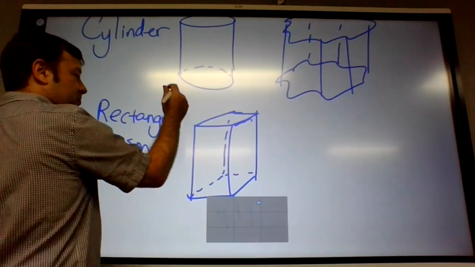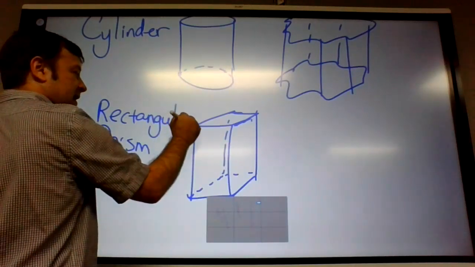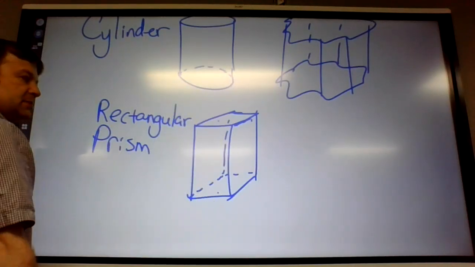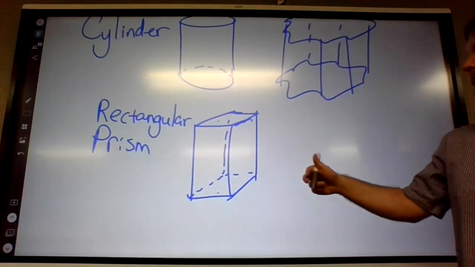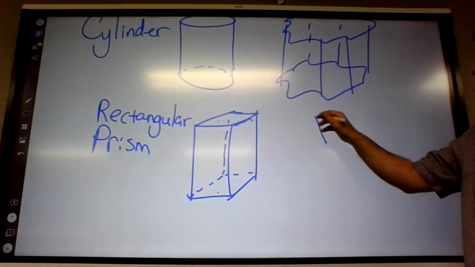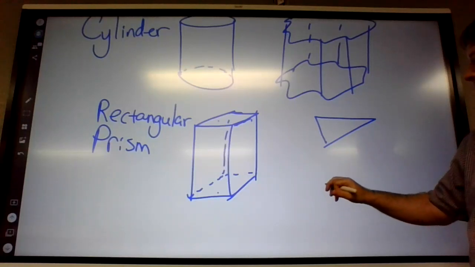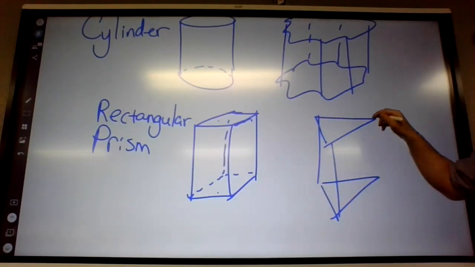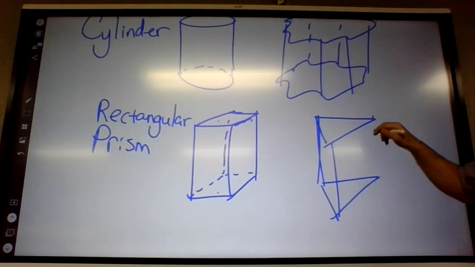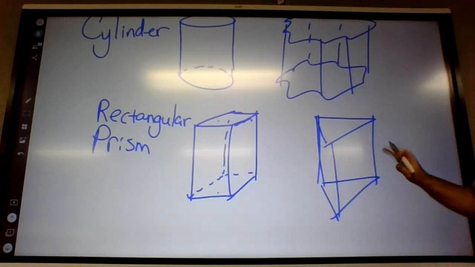So basically on prisms, the bases have to be polygons. So that's a rectangular prism, the most common shape. You could have a triangular prism like this, and just connect those, kind of sloppy there. I didn't draw it very well.